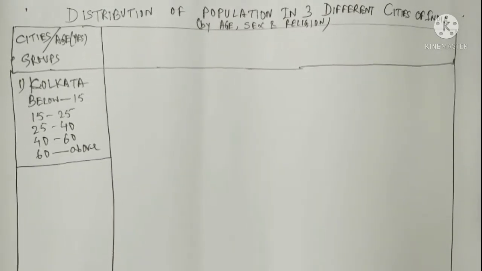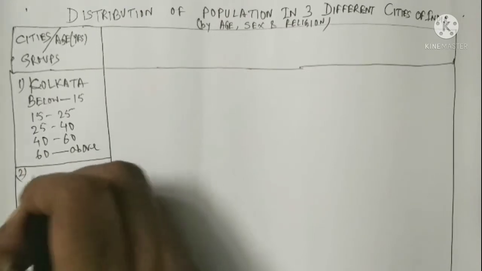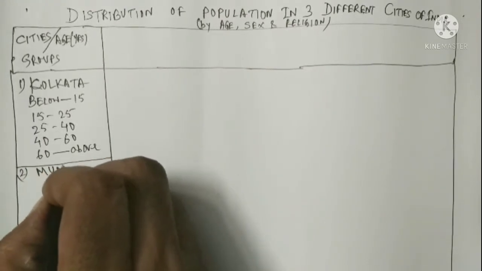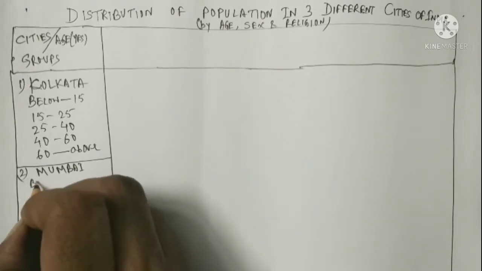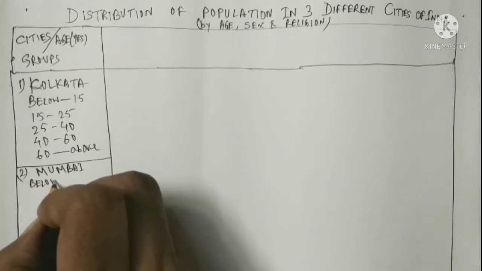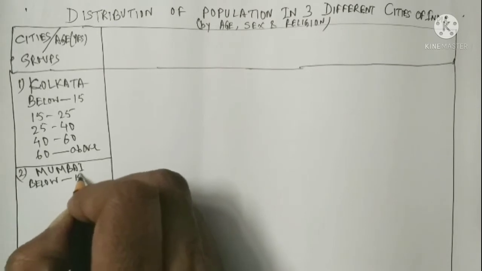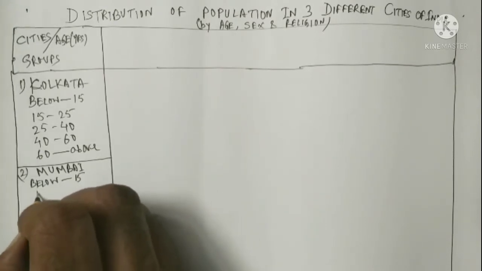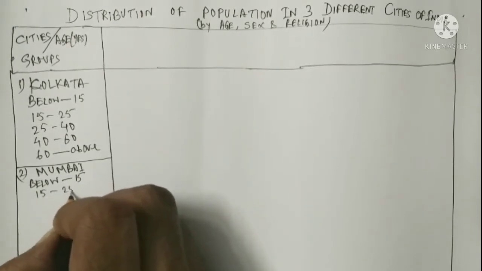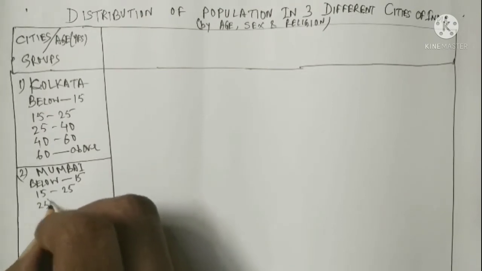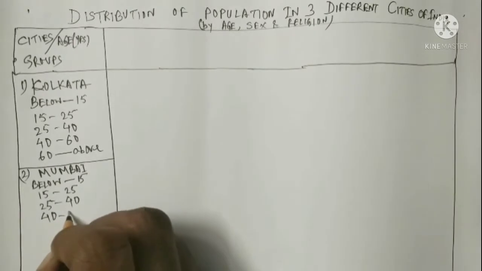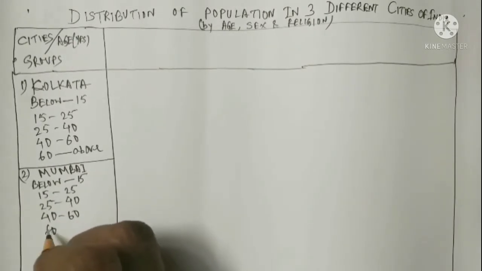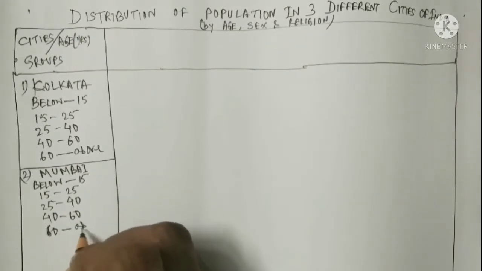Similarly for Mumbai, below 15, 15 to 25, 25 to 40, 40 to 60 and 60 and above.